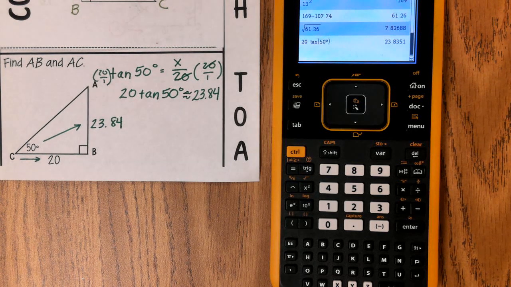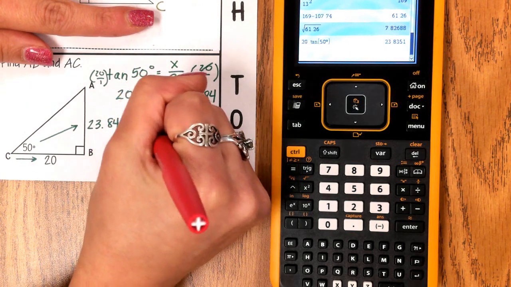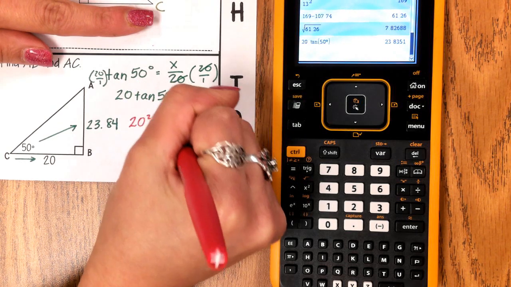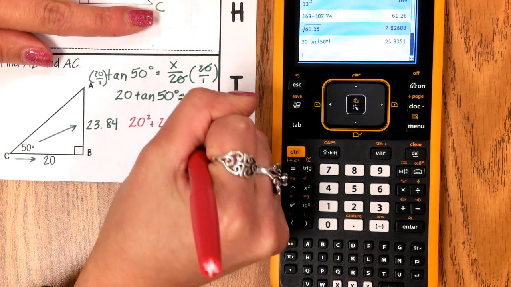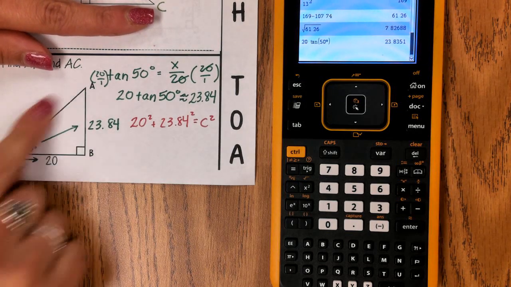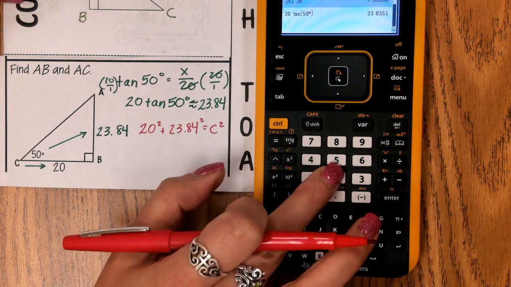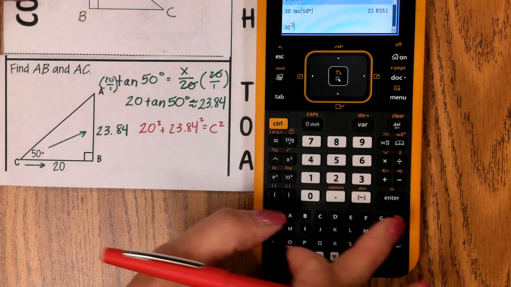So the last step is finding the measure of the hypotenuse. We would do 20 squared plus 23.48 squared equals c squared. This side is left blank because this is c. Always this is c.